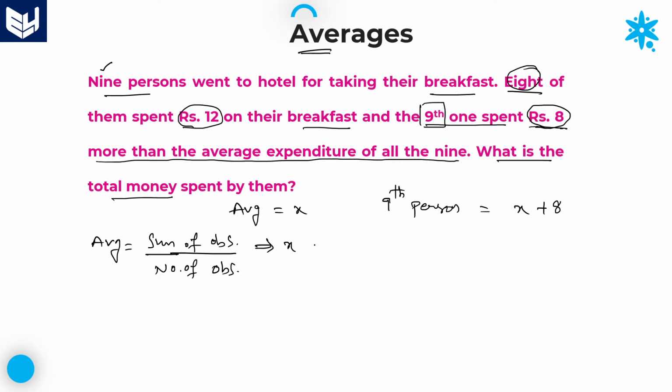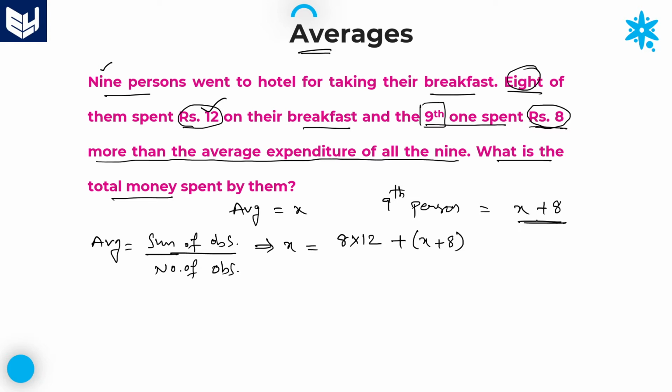Average of all 9 members is equal to x, which is the sum of all 9 members divided by 9. 8 of them spent 12 rupees each, so the total amount spent by all 8 members is 8 into 12, plus the ninth person spent x plus 8 rupees.